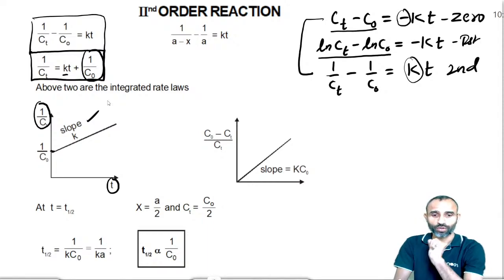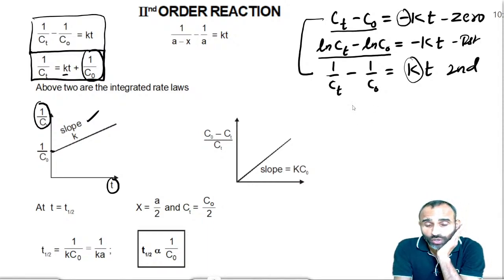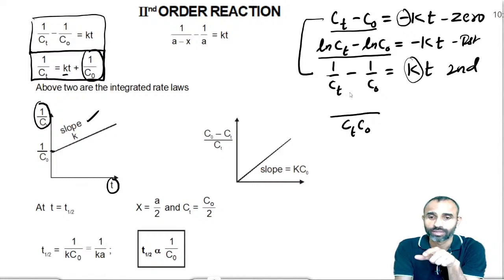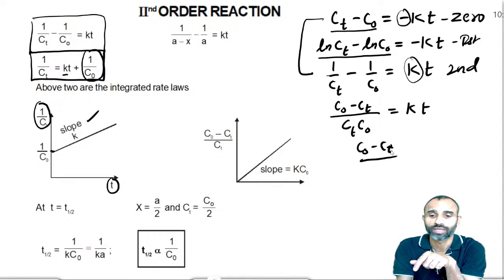And if we plot a graph for C naught minus Ct divided by Ct, that equals C naught kt.